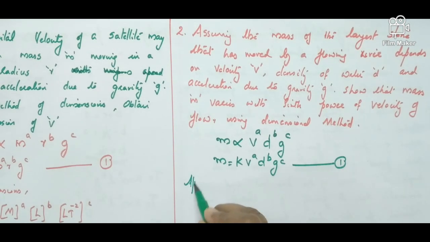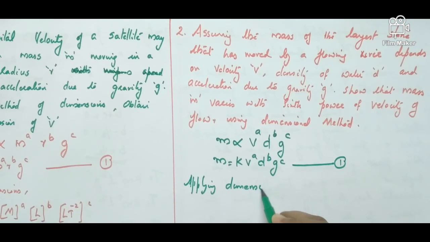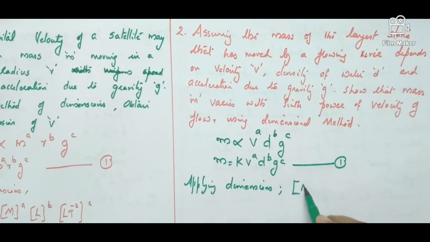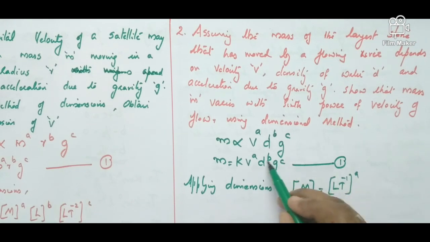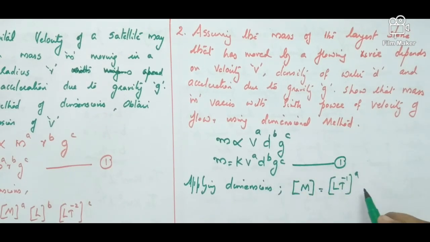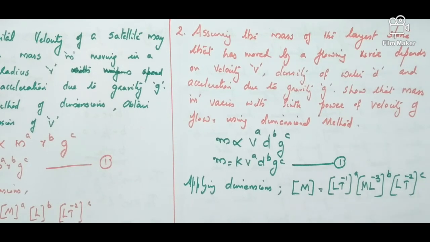Now applying the dimensions, m dimension is M, equal to velocity L t raised to minus 1 raised to a, density is mass by volume, so M L raised to minus 3 the whole raised to b, g acceleration due to gravity L t raised to minus 2 the whole raised to c.